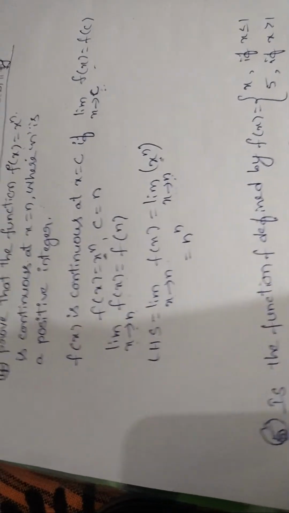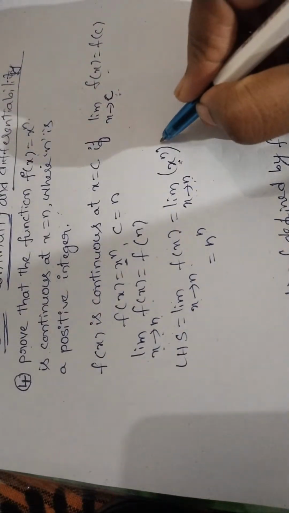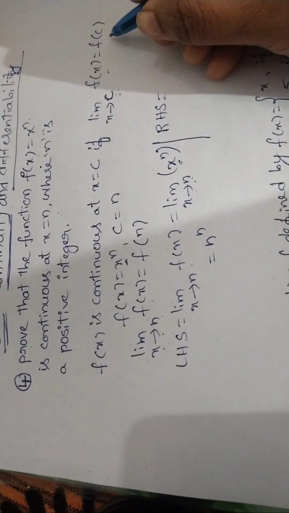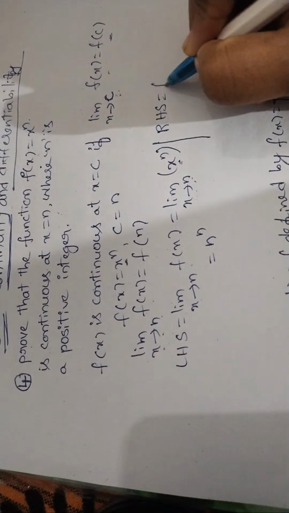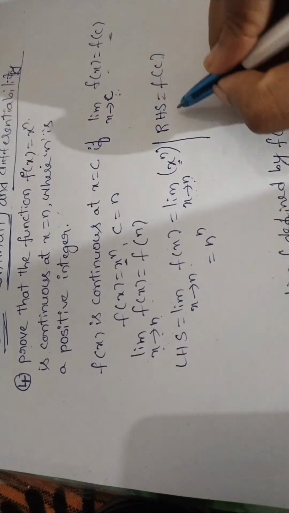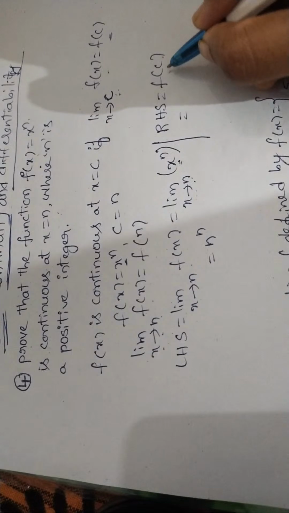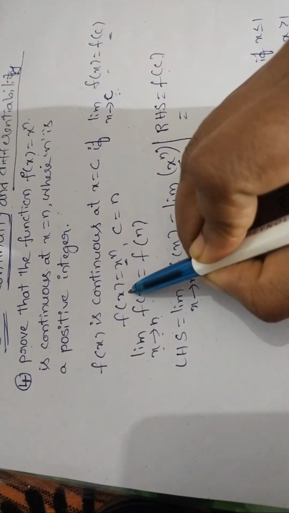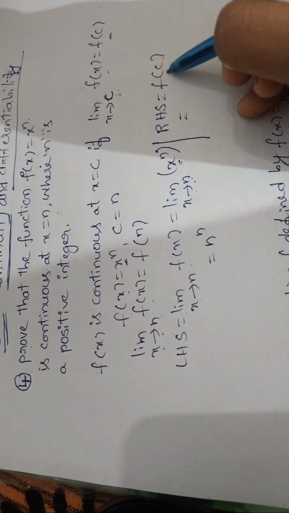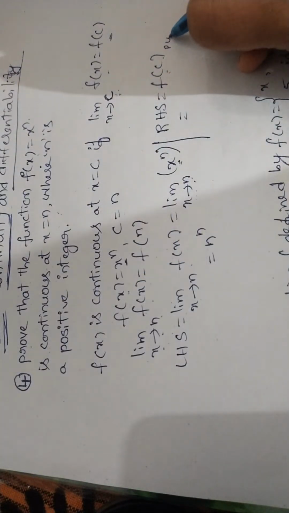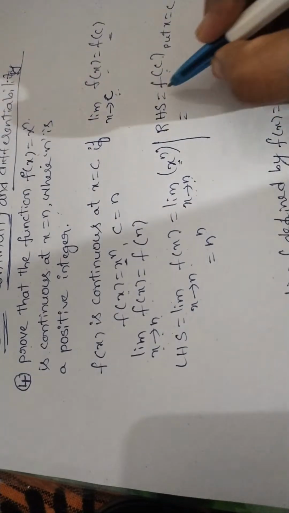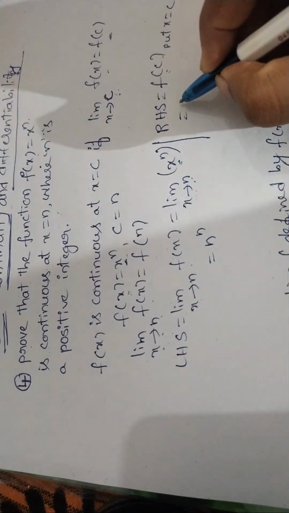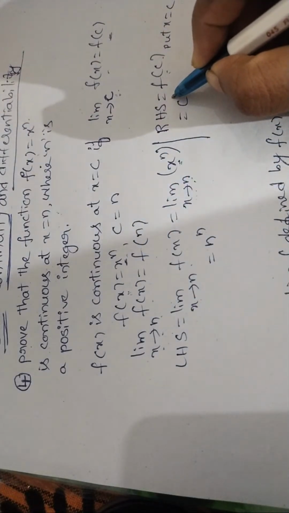Next take RHS. RHS is f of c. f of c means in the given function I replace x by c, so that is c power n.